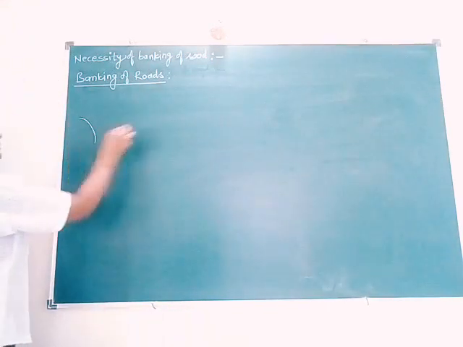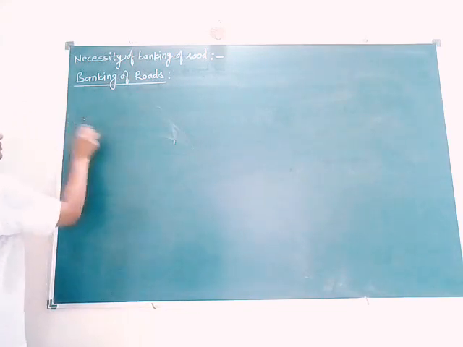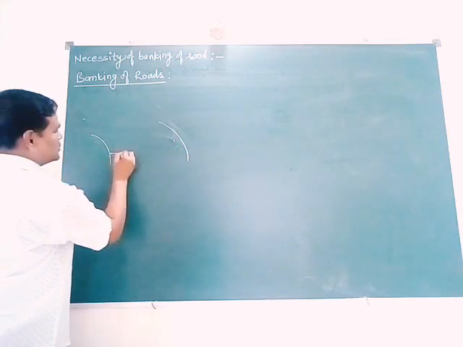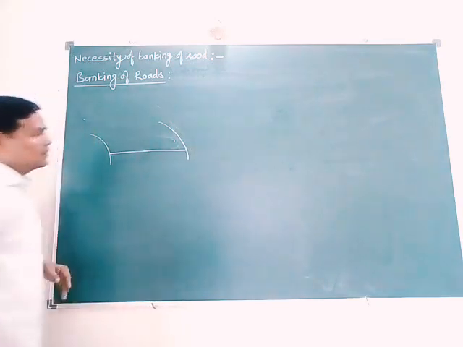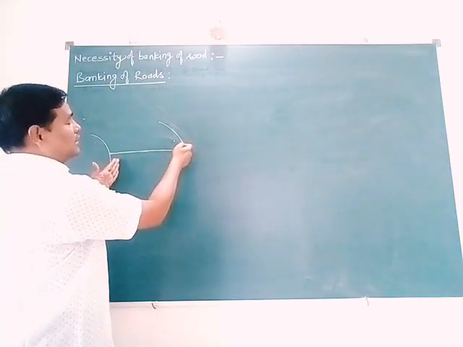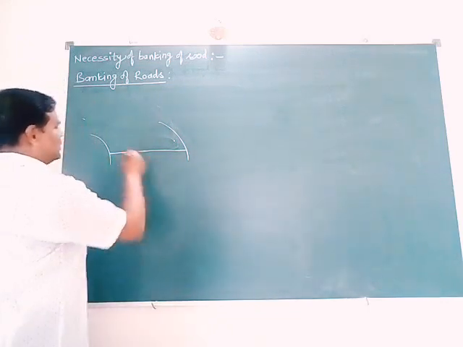So this is the surface of road, the turn or curve surface of road. This is a horizontal surface. At the turn, it is observed that the outer edge of the road is raised through a small angle over the inner edge, like this.